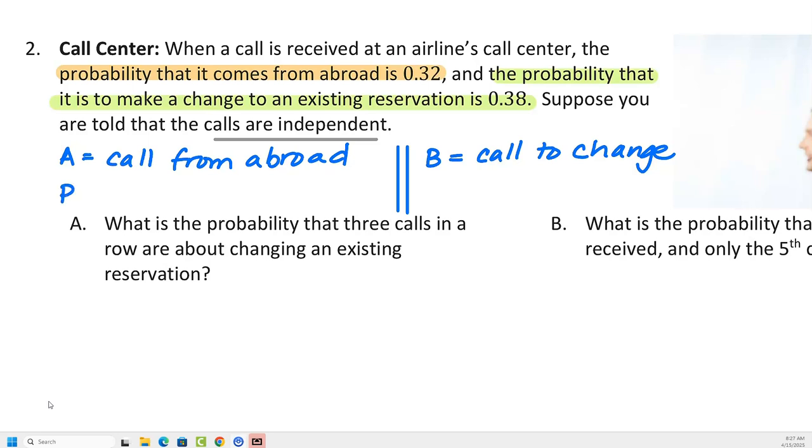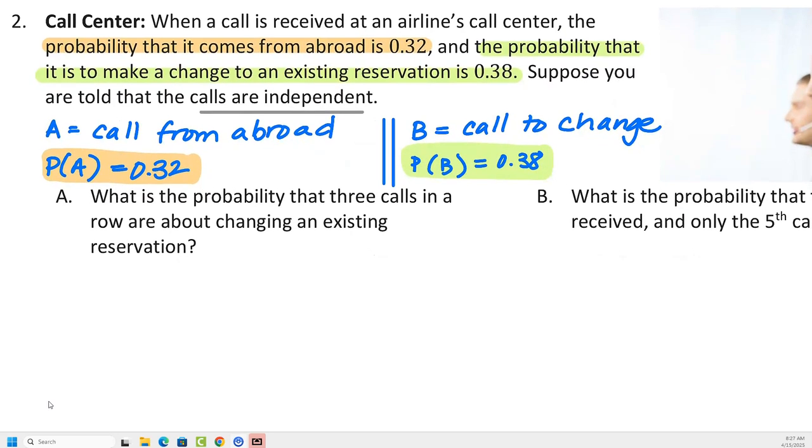And we actually know in the problem, they tell you that the probability of A is 0.32, because that is what's highlighted in the orange. And highlighted in the green, it tells me the probability of B to change it is 0.38. Are we okay with that?